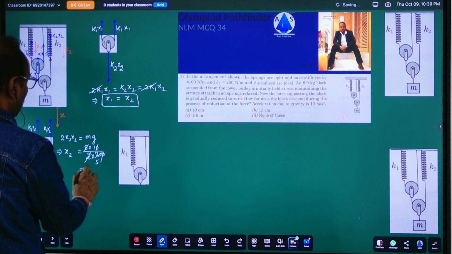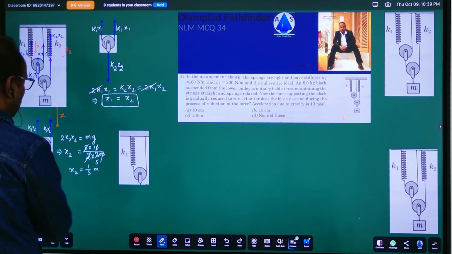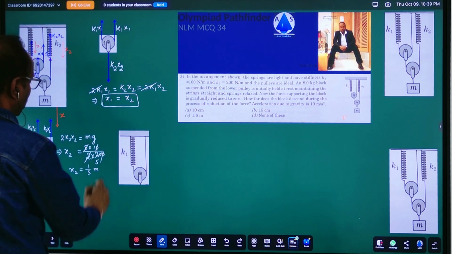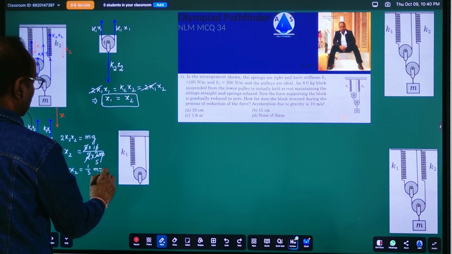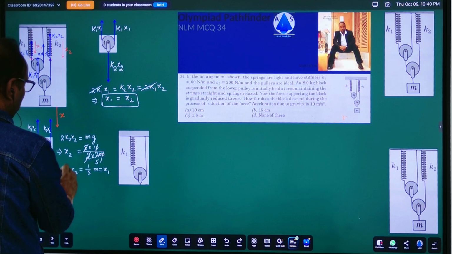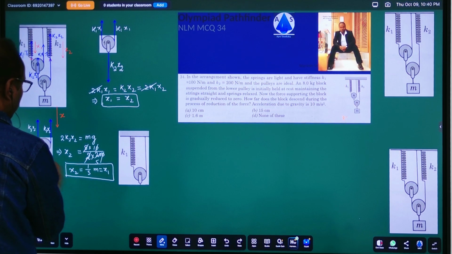So X2 will be 1 by 5 meter. But X1 is equal to X2, we have already obtained. So X1 is equal to X2 is equal to 1 by 5 meter.